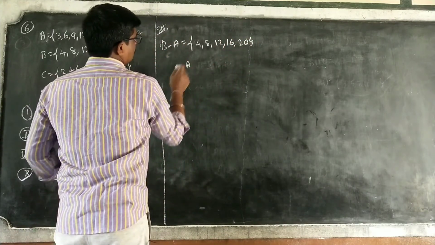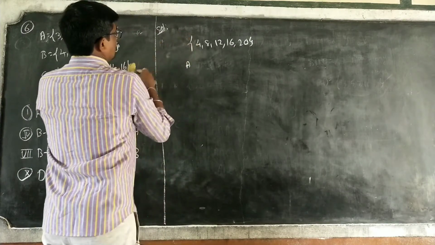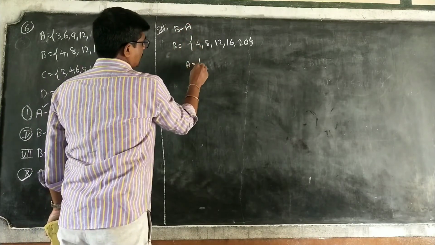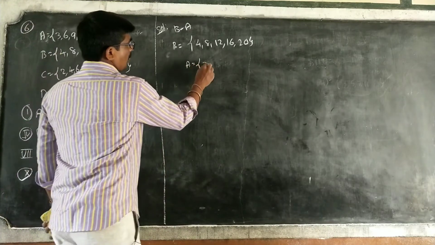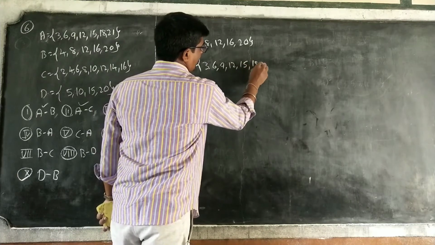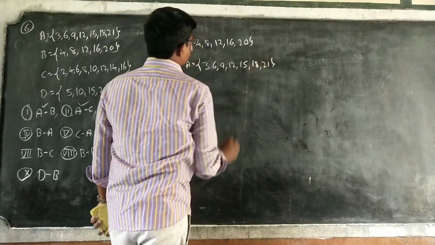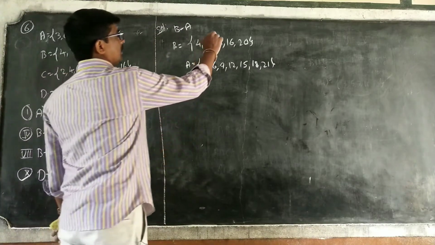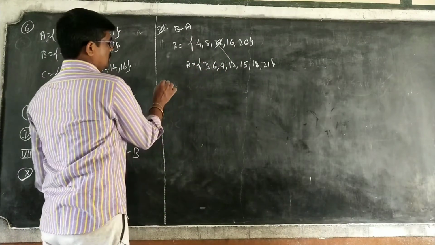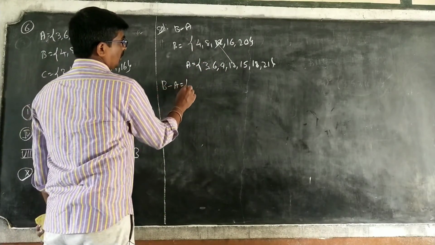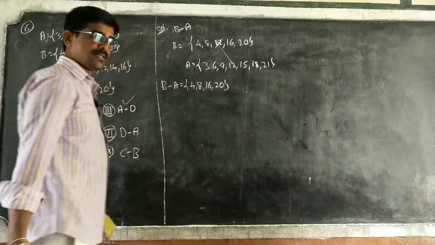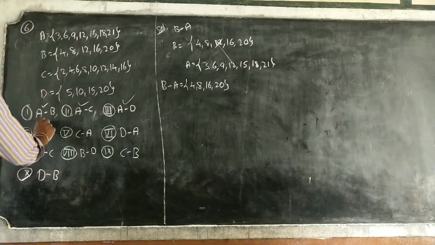And A is equal to 3, 6, 9, 12, 15, 18 and 21. So in this which is common? 12 only is common. So I am removing it in B; it is enough, not in A, but you are understanding. So B minus A, I have to write set B only: 4, 8, 16 and 20. So next, B minus A is over.